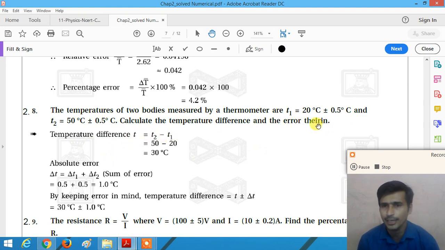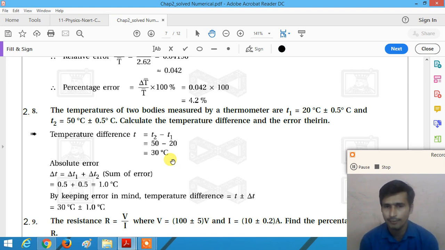So we calculate the temperature difference by T2 minus T1, right? So we take the true values, 50 minus 20, we get 30. So the true value of the temperature difference is 30 degrees Celsius. But in addition or subtraction, the average absolute error must be added in the final result, right?